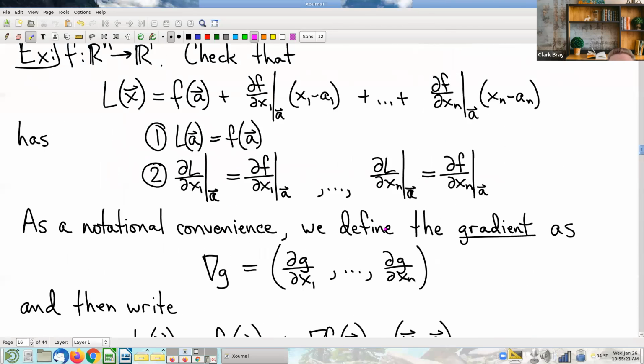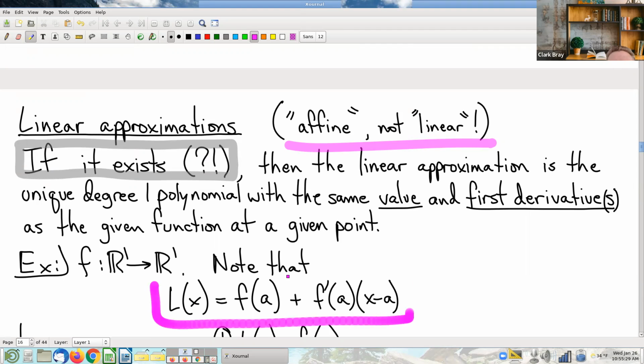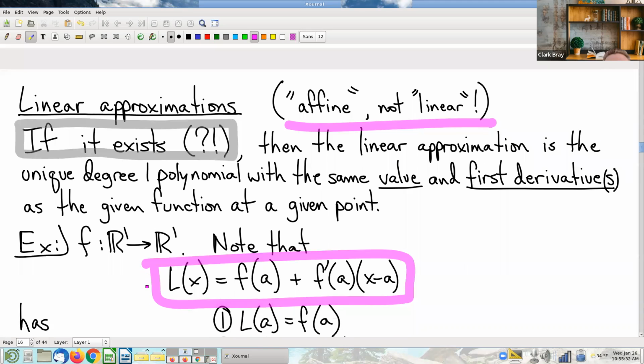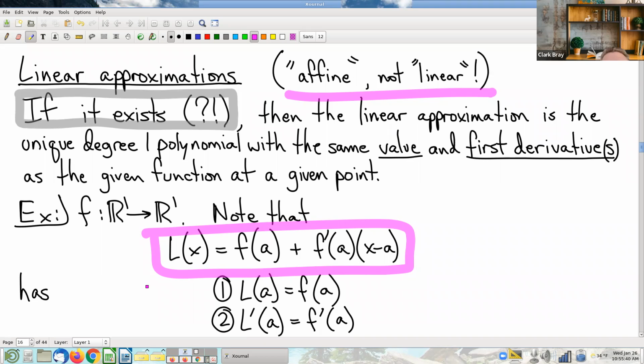Let me go back to where we first defined linear approximations. Technically, the linear approximation is not linear, right? Y'all remember linearity? Among the many features of a linear function, 0 goes to 0.